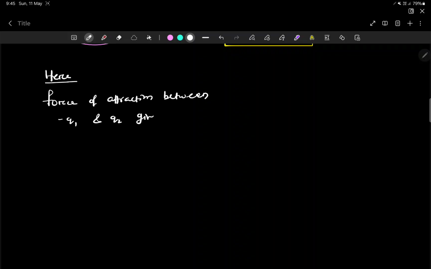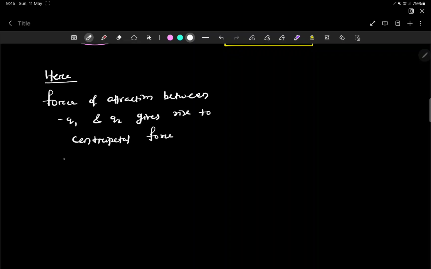So here the Coulomb force of attraction between minus q1 and q2 gives rise to the centripetal force.